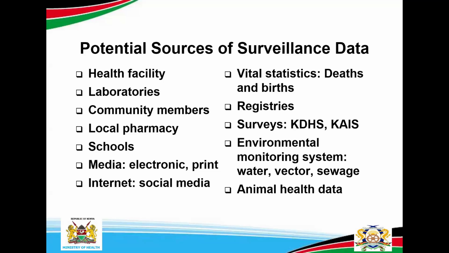Also, we can get surveillance data from the community members, whereby we have the CHPs who report and tell you that in my community, I'm seeing a lot of people presenting with fever and cough. So the community can act as a source of data. At the local pharmacy, the pharmacist can tell us if there is an unusual event or unusual increase in a particular disease or condition within that area.